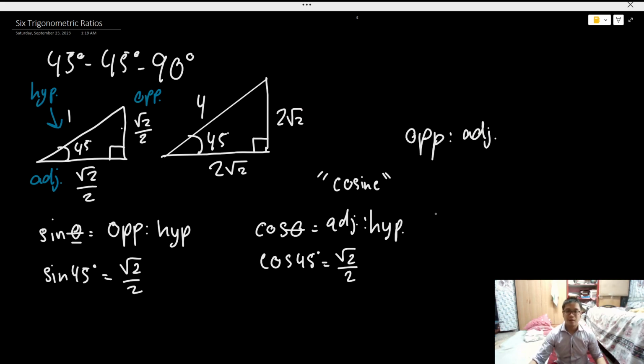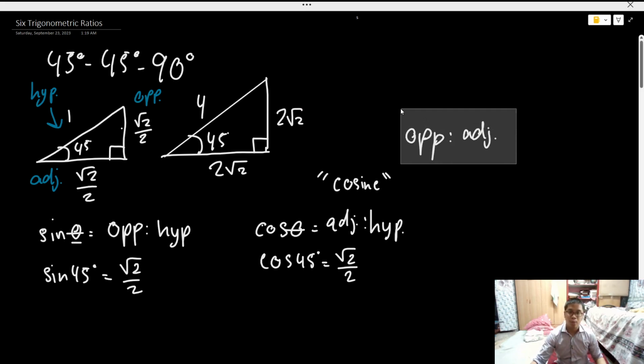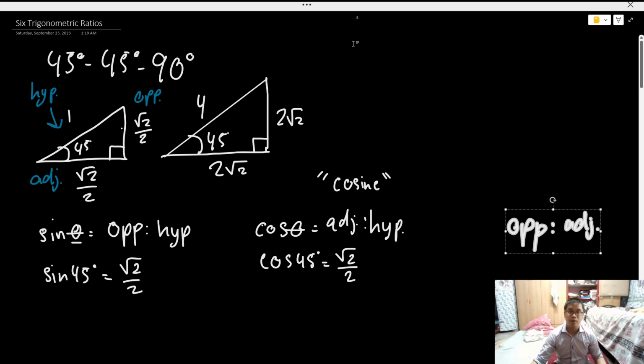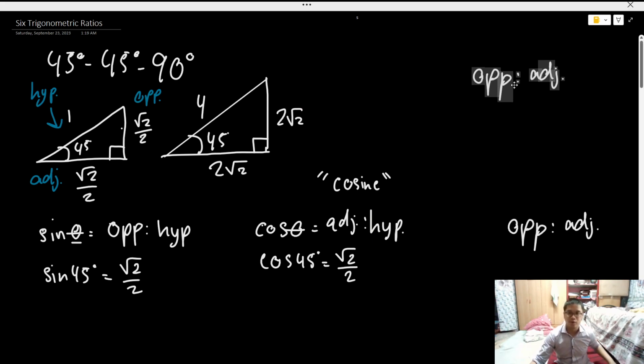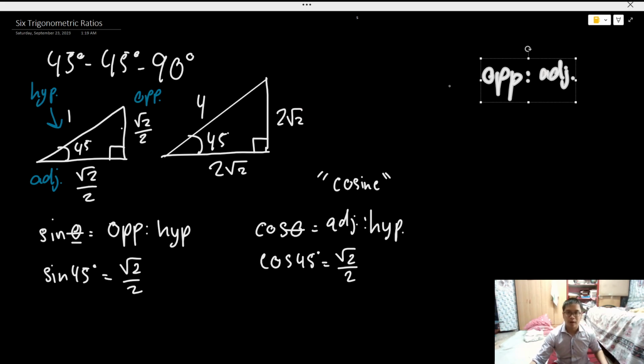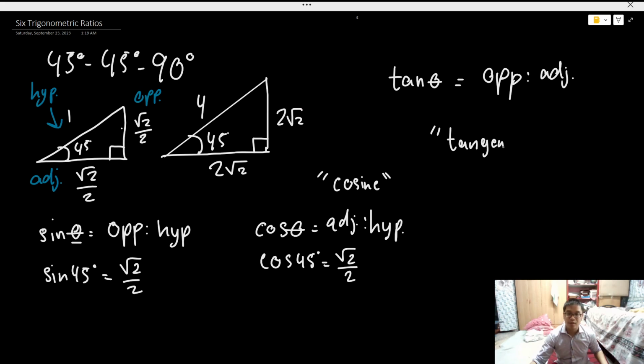All right. Now, how about the ratio of opposite to adjacent? Let me put it up there. This one is the same as tangent theta. This tan is short for tangent. Have you ever heard this word?